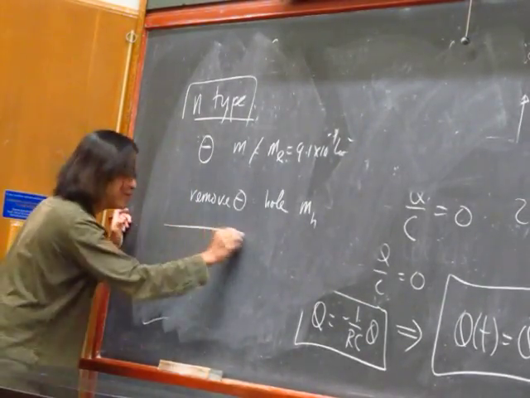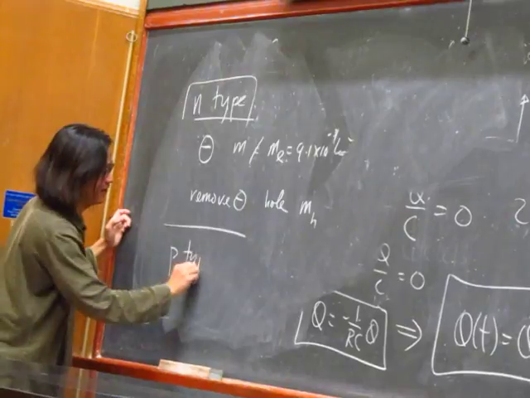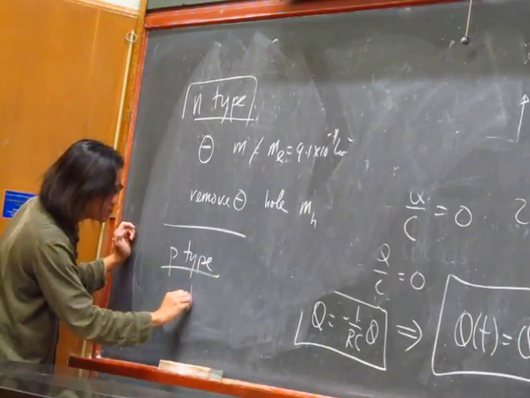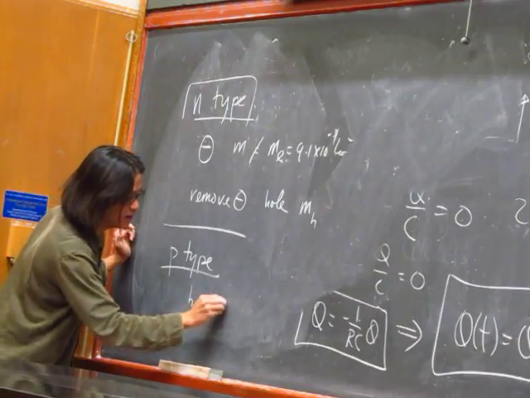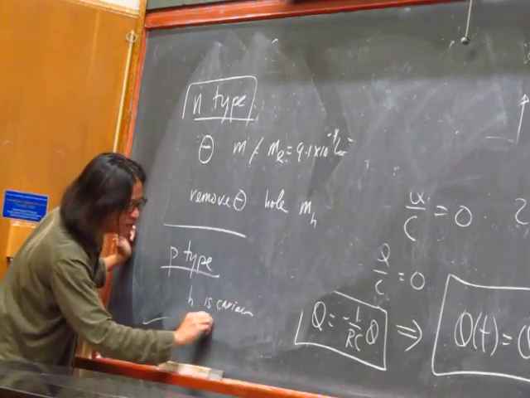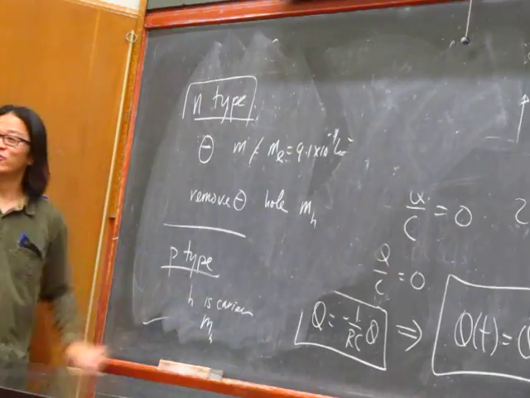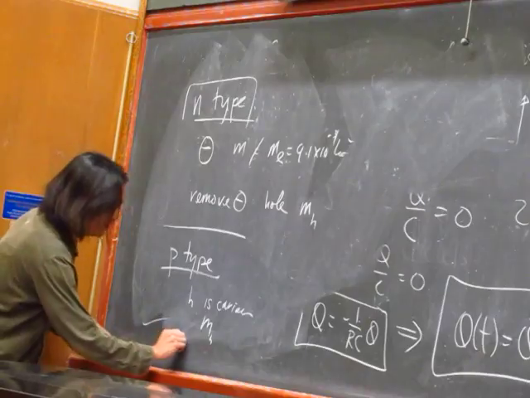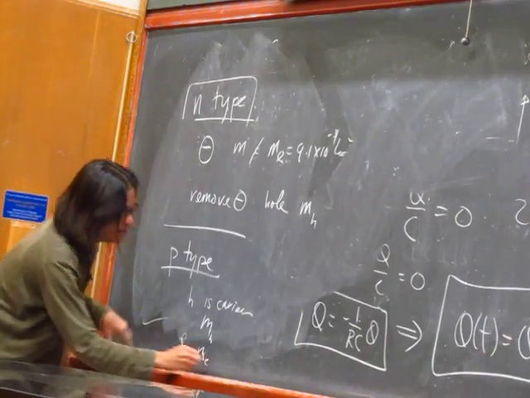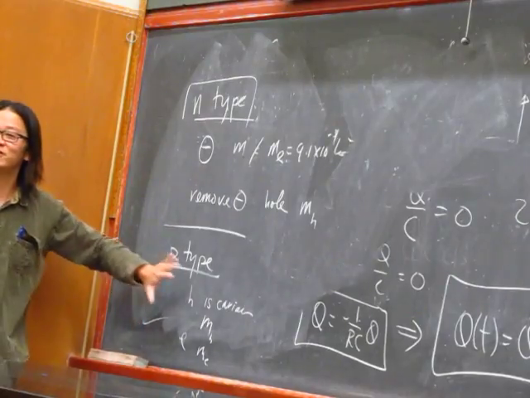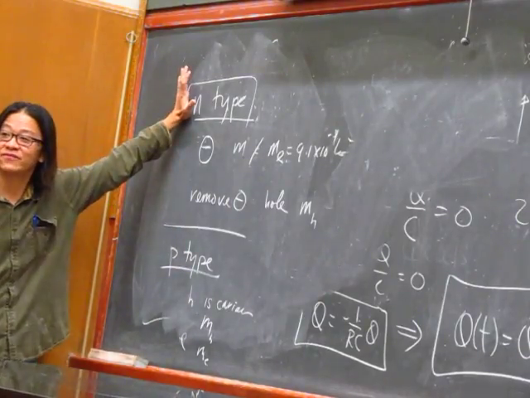And then you have a P-type, where the carrier is actually the hole. It has a certain mass, and if you remove the hole, you get the electron. It has another mass, and they're not necessarily the same because they're different materials. One of them is p-type, and the other one is n-type.